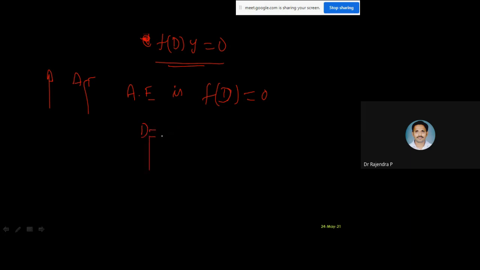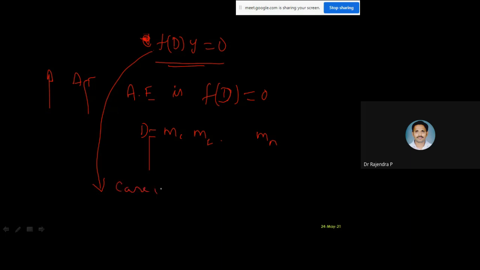You may get D equal to m1, m2, and so on; if it is an nth order polynomial, you will get n roots, m1 to mn. Based on that, we are going to write the solution for the differential equation. This is a homogeneous differential equation because there is no x here, so the solution will be based on these roots.